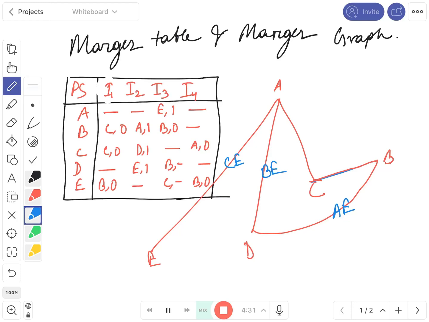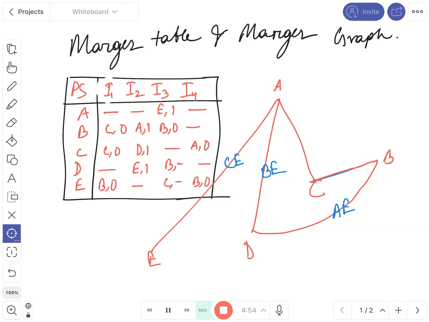Now let us check the compatibility for B and E. For BE, outputs are same and implied state is BC. For I2 outputs are same, for I3 outputs are same, implied state is BC again. For I4 the outputs are same. So let us check the compatibility for BC. For BC I have a straight line, so BC is compatible.